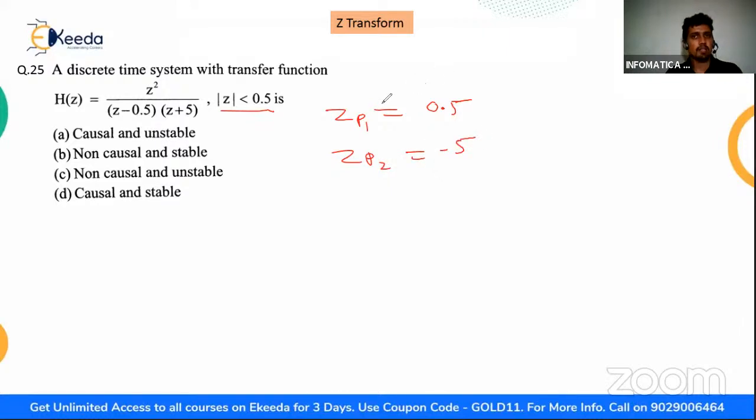They mention the ROC, and the ROC is inner to the innermost pole. There are only two poles, this is having magnitude 5 and this is having 0.5. So mod z is less than 0.5, so the ROC is inner to the innermost pole. So the sequence is left sided, and left sided should obviously be non-causal.